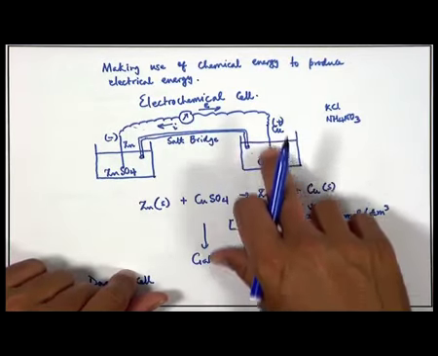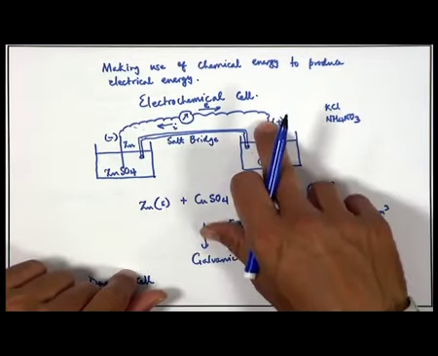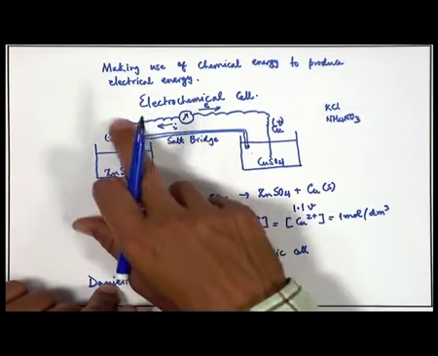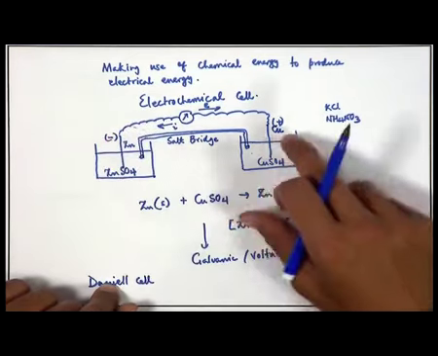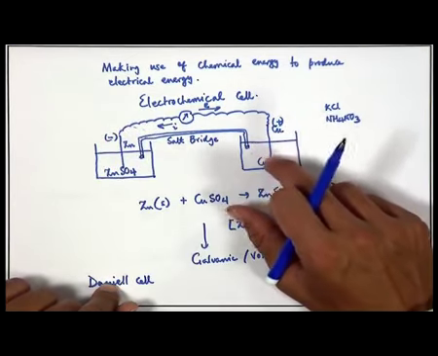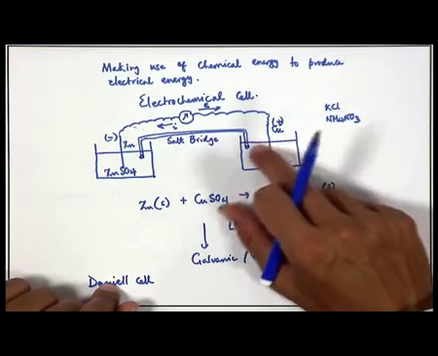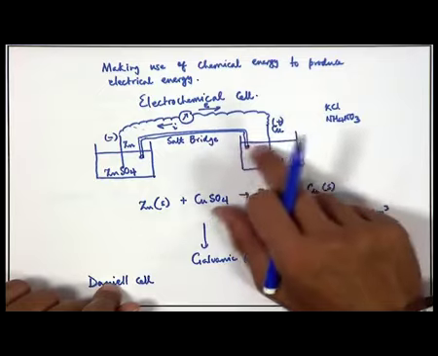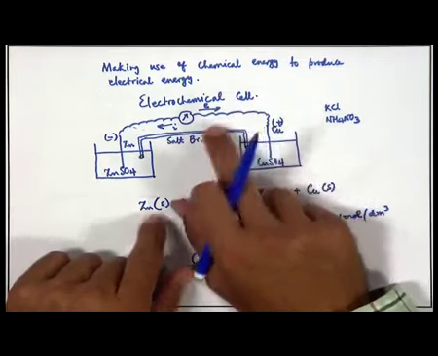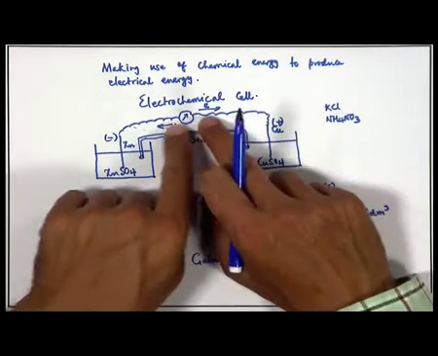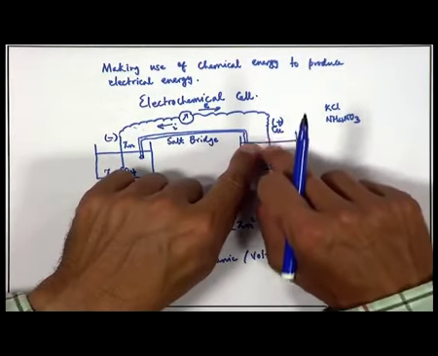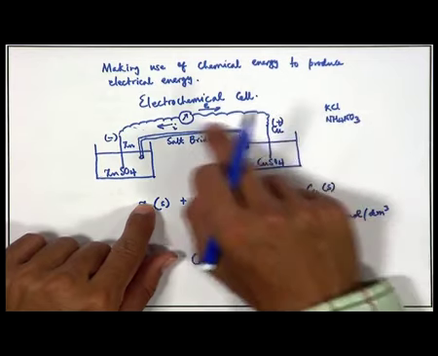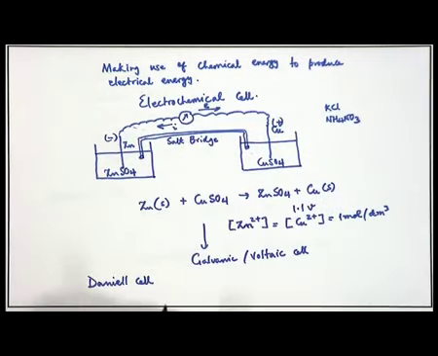If this one is electron rich, electrons will accumulate here, and if the other is electron deficient, then the solution will have more electrons. As a result, this copper rod is deficient, so electrons will flow in this direction, and through the salt bridge the circuit will be completed.